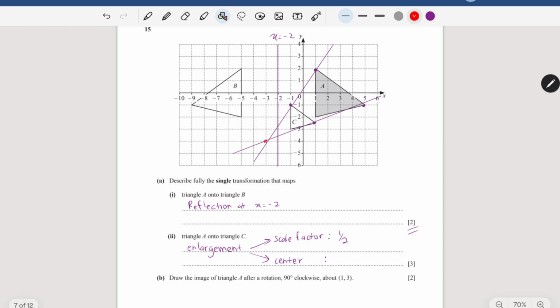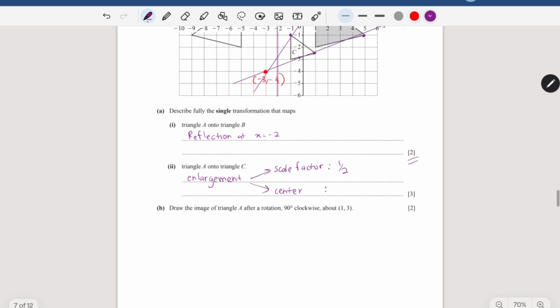The point at which they intersect is the center of enlargement. So this is the center of enlargement, -3 and -4. So your center of enlargement coordinate is -3, -4. By doing this, you will get your 3 marks.